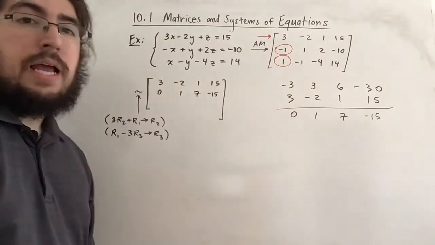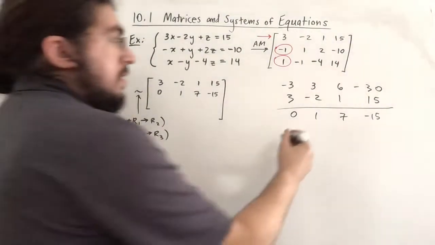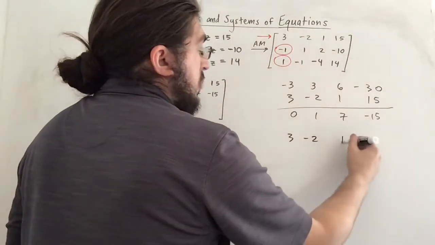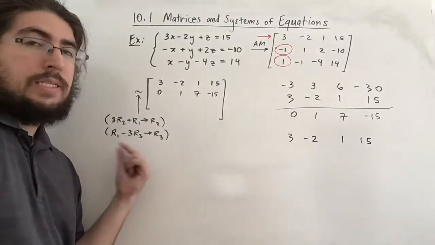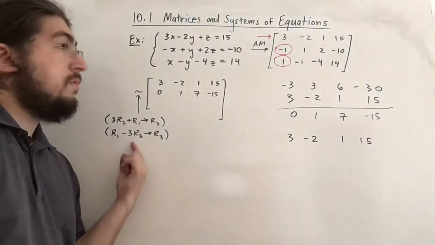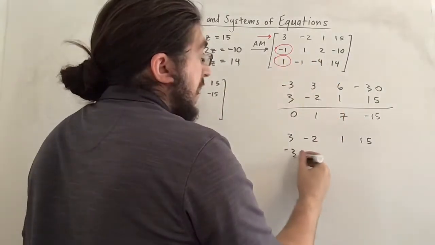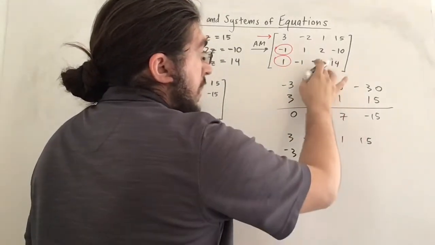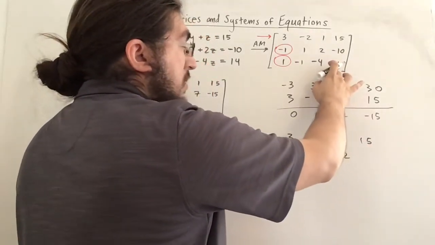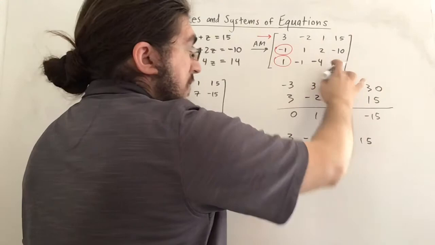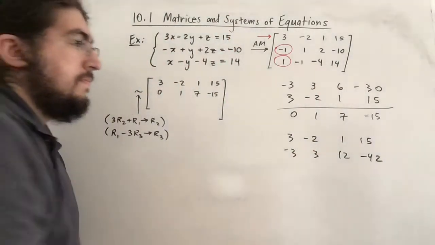Perfect. And now for the second operation here, we're going to do row 1, which is 3, -2, 1, 15, perfect, plus -3 times row 3. So row 3 is going to be multiplied by -3, and that'll give us -3, +3, that times -3 is +12, that times -3 is going to be, let's see, -42.